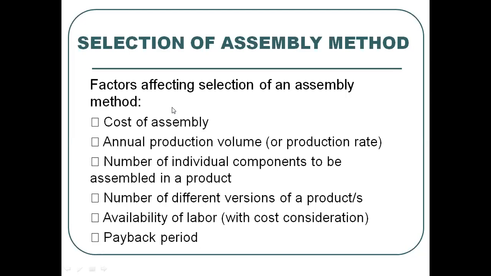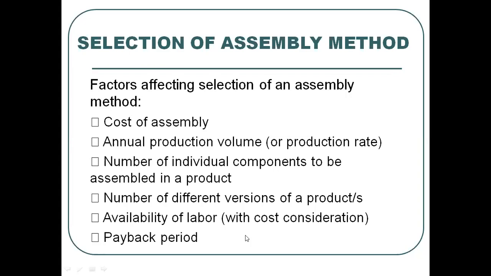Number of individual components to be assembled in a product, right? Different components, how many components you have, number of different versions, as I was mentioning, right? Different versions require flexibility, so you have to consider that factor. Availability of labor: if the labor is not available, then you have to go for automated, because one of the reasons specified for automation was labor shortages.